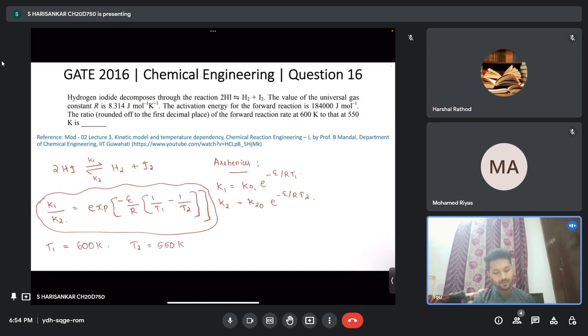The activation energy is given as E is equal to 184,000 joule per mole, and the universal gas constant R is given as 8.314 joule per mole Kelvin. So all we have to do is substitute these values of E, R, T1 and T2 in this equation, and we can find the ratio K1 by K2, which is the ratio of the forward reaction rate constant to that of the backward reaction rate constant.